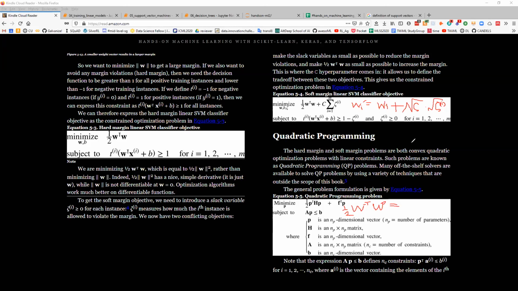And now when you take the dot product, it will be W_i plus the square root of C times the square root of zeta_i, times, and so it's going to be this thing transpose times itself.